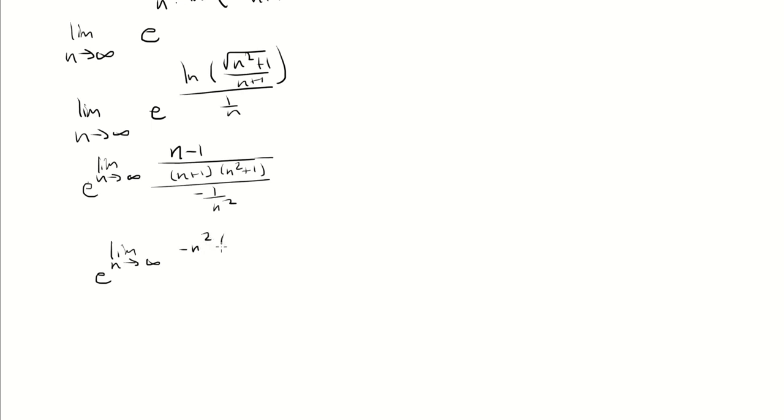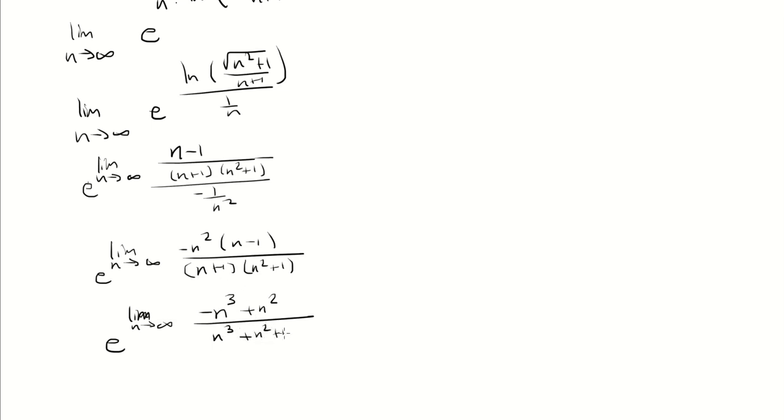So you have negative n squared times n minus 1 over n plus 1 times n squared plus 1, and multiplying it out, we get negative n cubed plus n squared over n cubed plus n squared plus n plus 1.